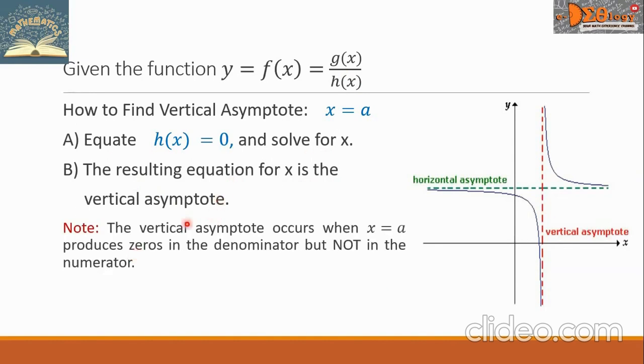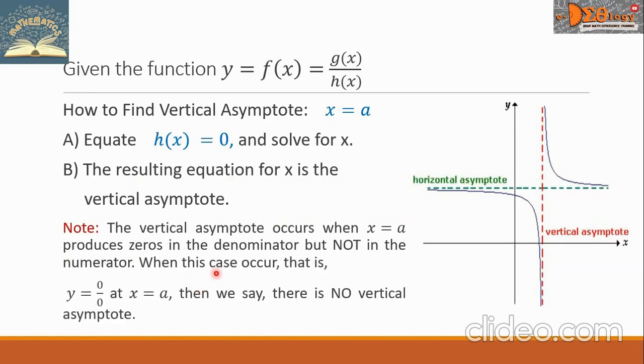Take note, the vertical asymptote occurs when x equals a produces zeros in the denominator but not in the numerator. When this case occurs, that is y equals 0 over 0 at x equals a, then we say there is no vertical asymptote.